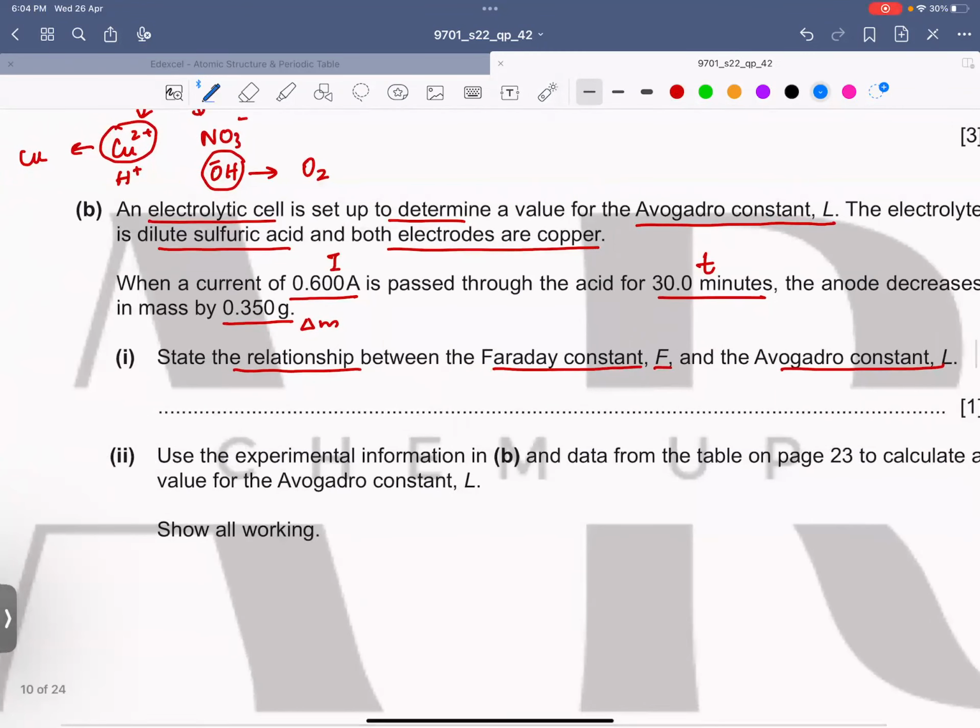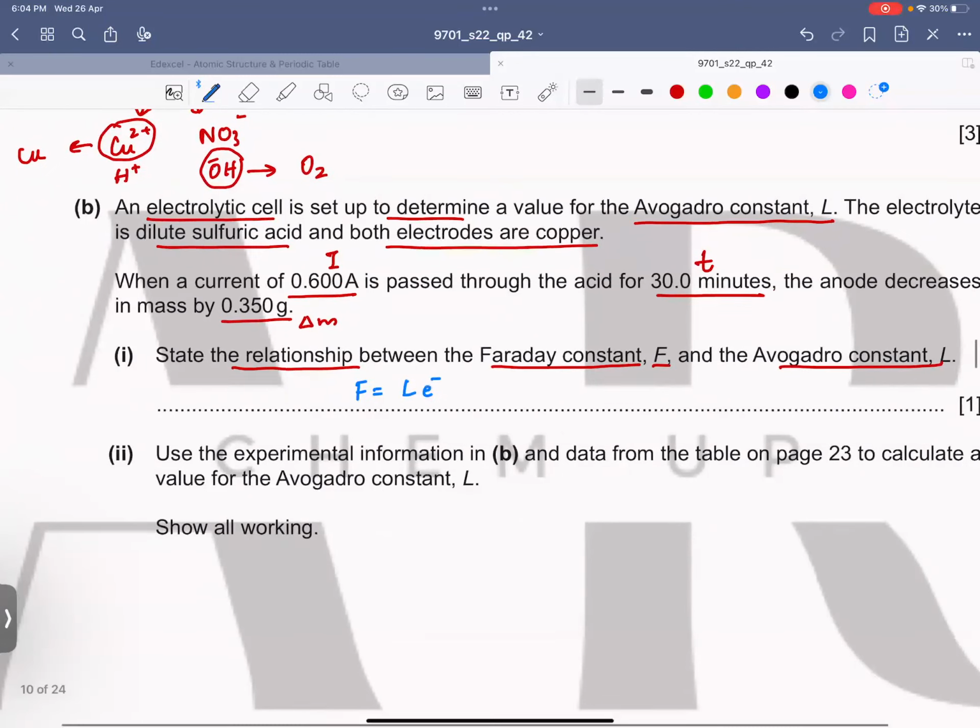State the relationship between Faraday's constant F and Avogadro's constant L. If you recall, Faraday's constant is equal to Avogadro's constant times the charge of 1 electron.